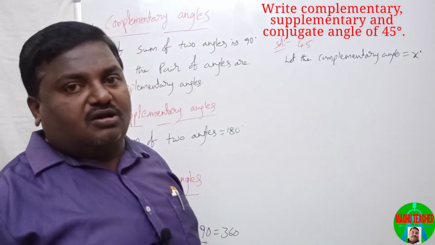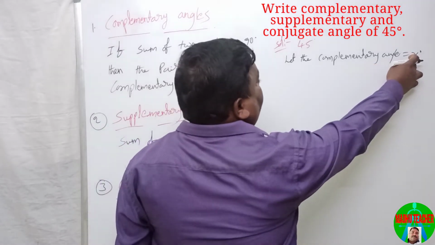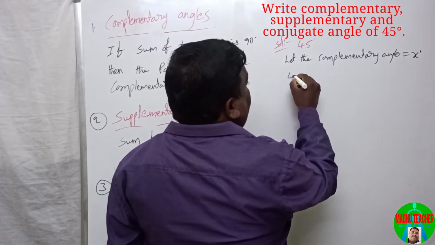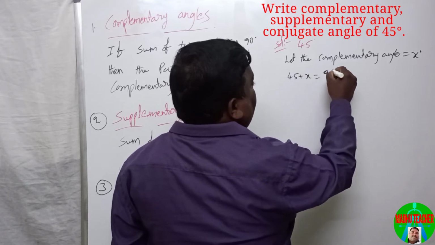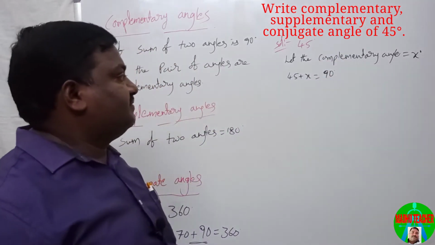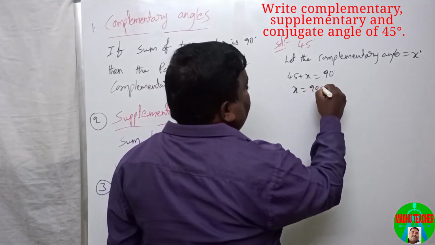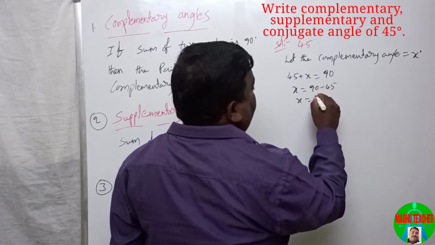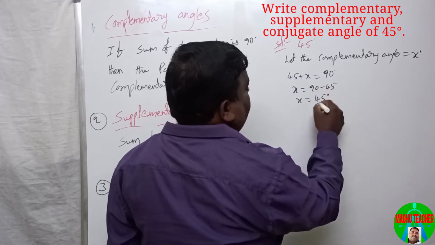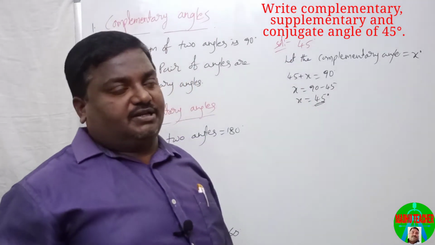We don't know the complementary of 45. Therefore, let it be x. So 45 plus x equals 90 degrees. Then x equals 90 minus 45, that is 45 degrees. Complementary of 45 degrees is 45 degrees.